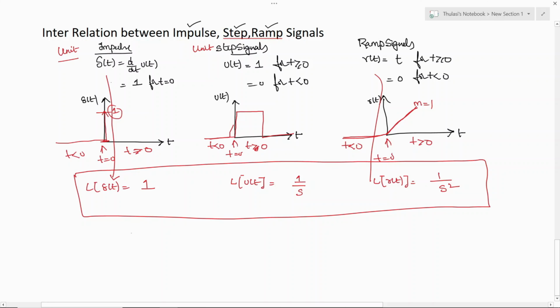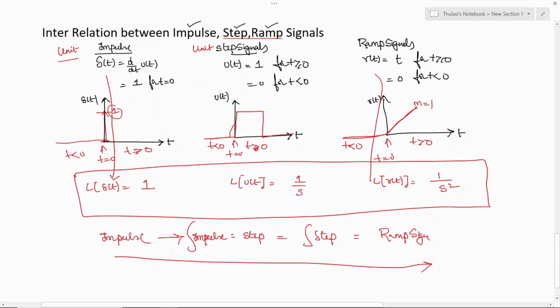How to get one signal from another? Okay, so I can write down, this is impulse. So this impulse has to be integrated. Integration of impulse is equal to the step signal. And again this step signal we are going to integrate, and we are going to get the ramp signal. So I can write a relation like this.